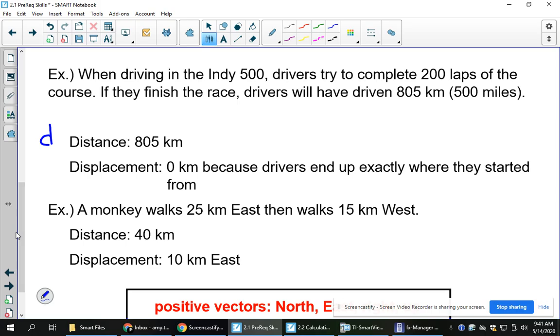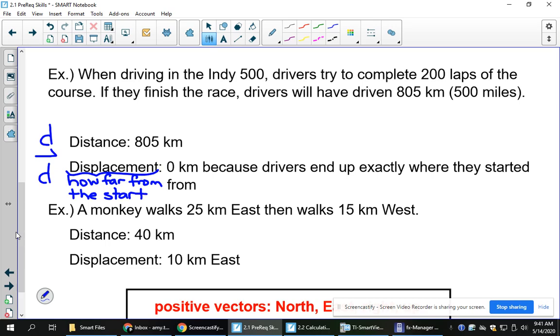No arrow on top. Displacement, same variable, with a vector arrow because displacement includes direction. So displacement you can think of how far from the start.